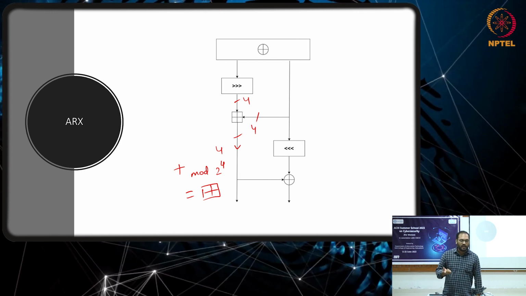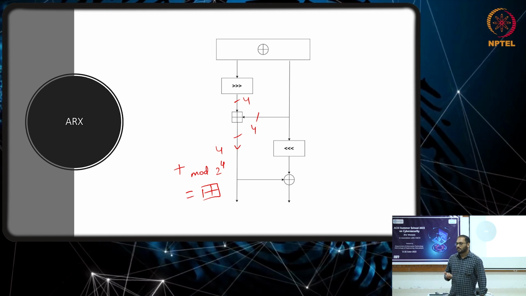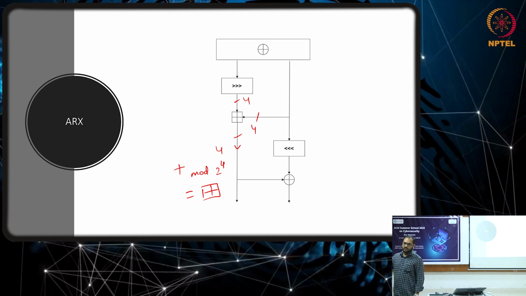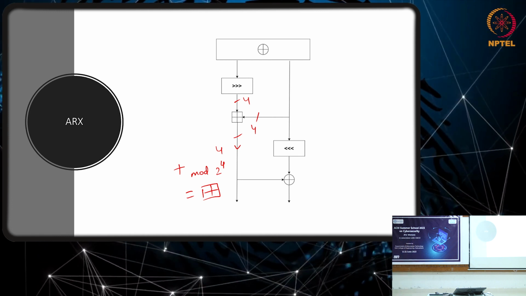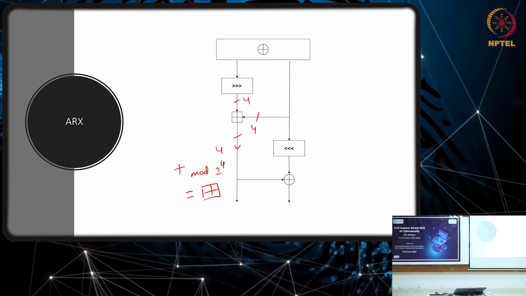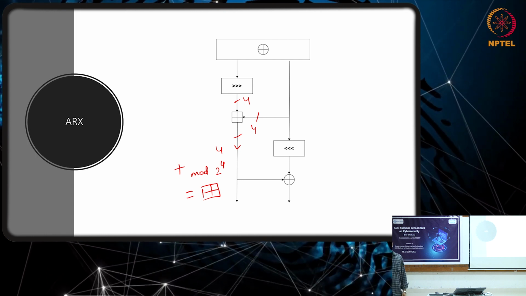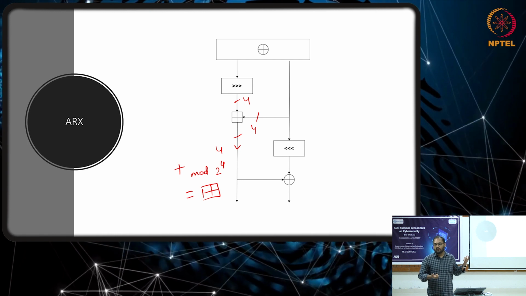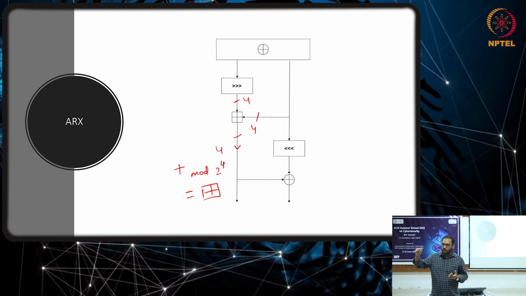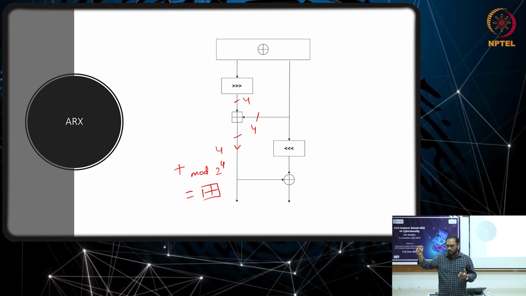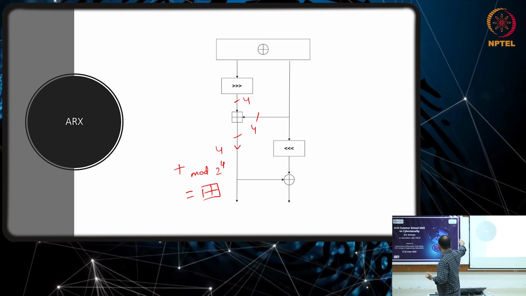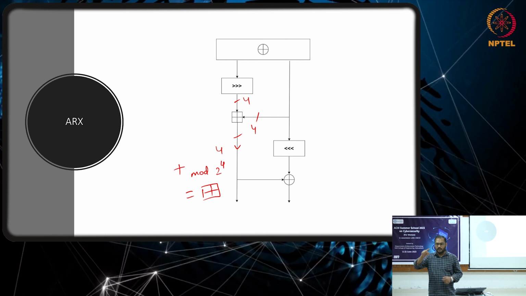If you divide any value with 16, what will be the remainder? 0 to 15. Right? Maximum 15, minimum 0. How many bits are required to represent 15 or 16 numbers? 4 bit. So output will be 4 bit only. That's why mod 2 to power 4. Add two numbers, take mod 2 to power 4. That is this operation.